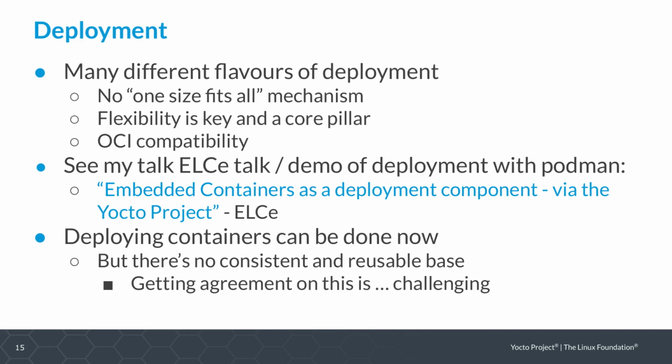But the big critical thing is to make sure they're Open Container Initiative compatible containers, and then you can use them on anything. Through the history of meta-virtualization and container support, I've tried to avoid building only for Docker, and we were doing runC and OCI compatible containers before they were all that popular.